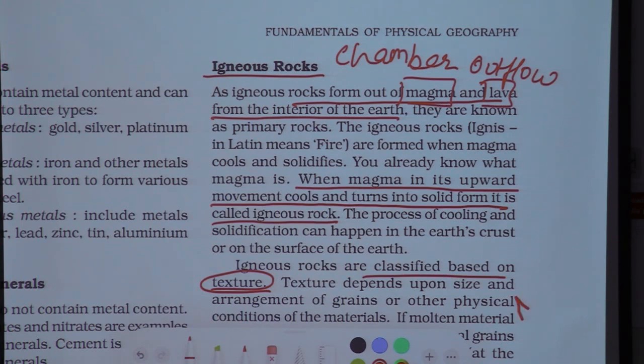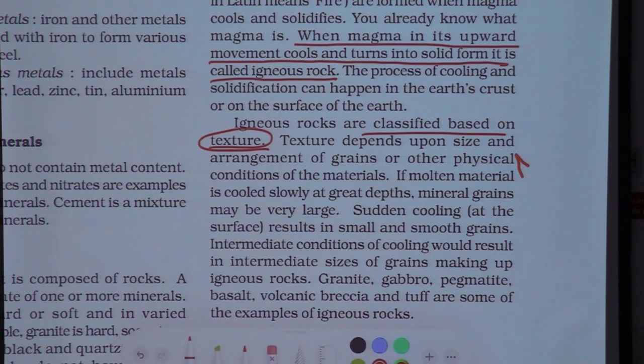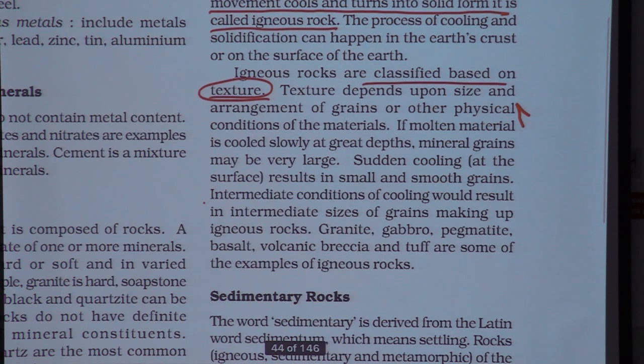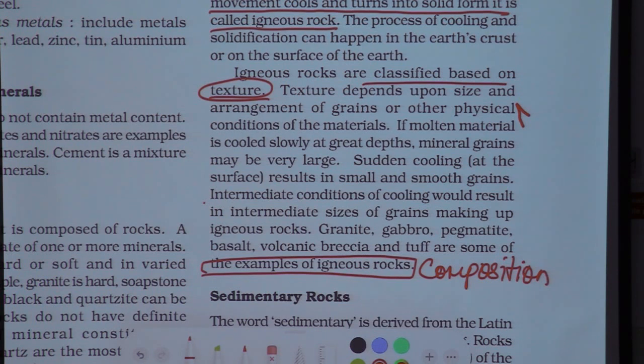Igneous rocks are also classified on the basis of other things. The texture-based category is what is emphasized in NCERT, and I'll be creating a flowchart to make you understand that apart from texture, we also classify igneous rock on the basis of their composition, as well as on the basis of their location.